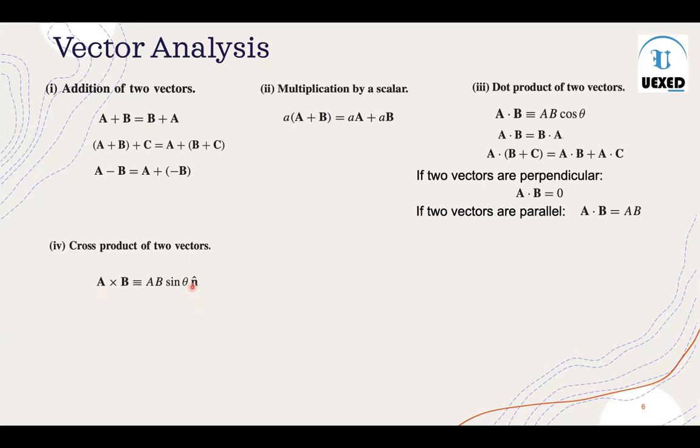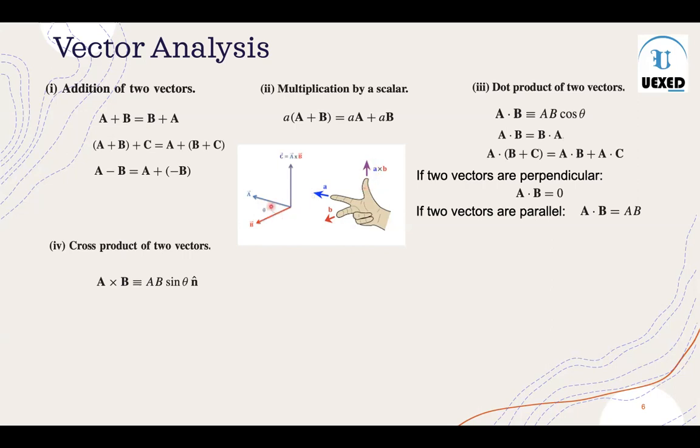So we can represent it with n cap, and we can figure it out by the right-hand rule. Generally we call it the right thumb rule. If your forefinger represents A and your middle finger represents B, then your thumb determines A cross B. That's the vector product.